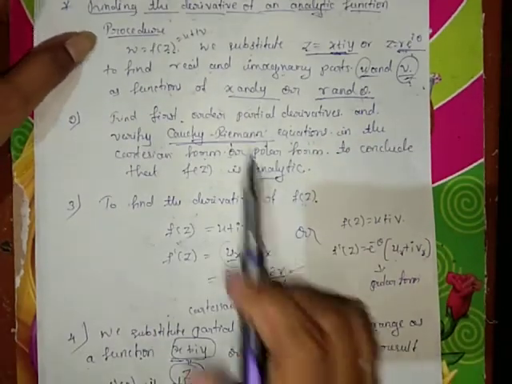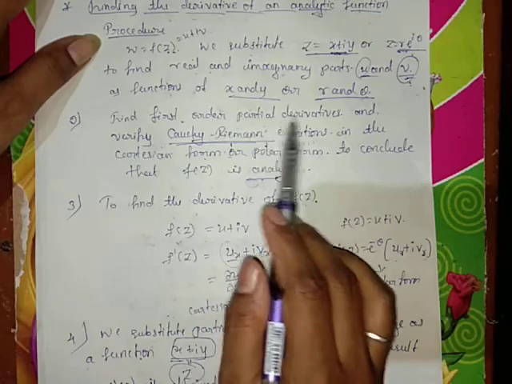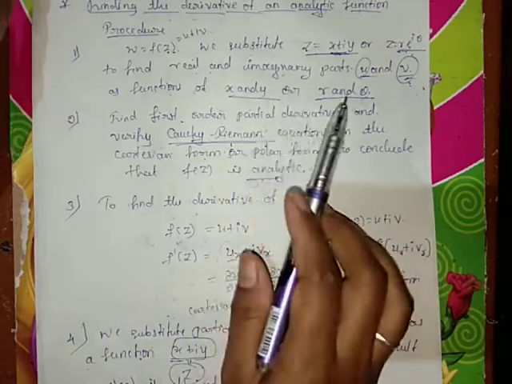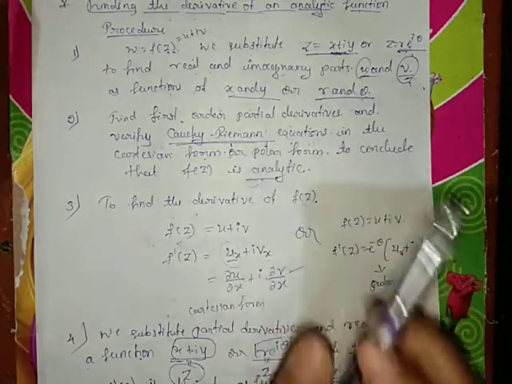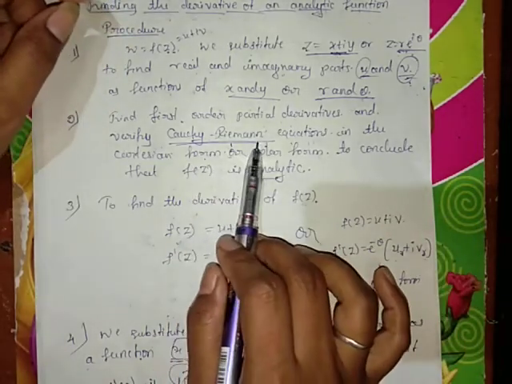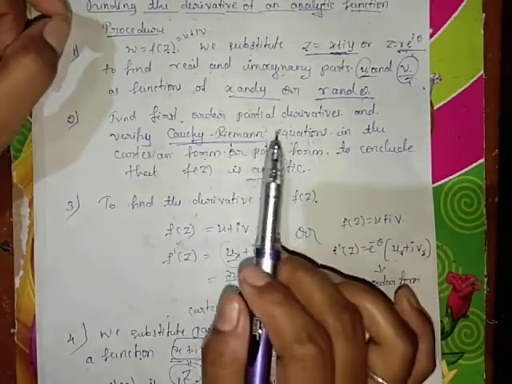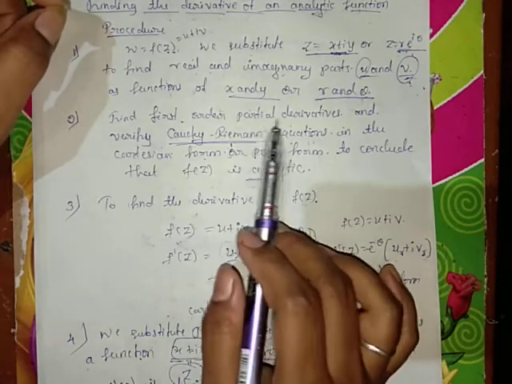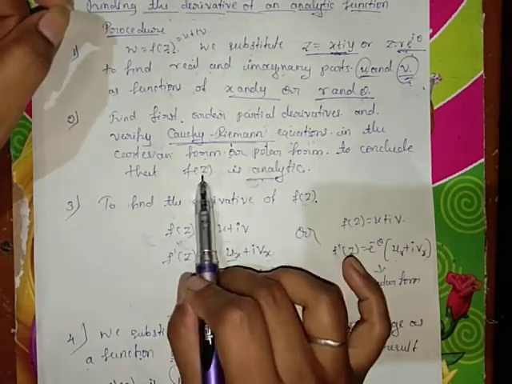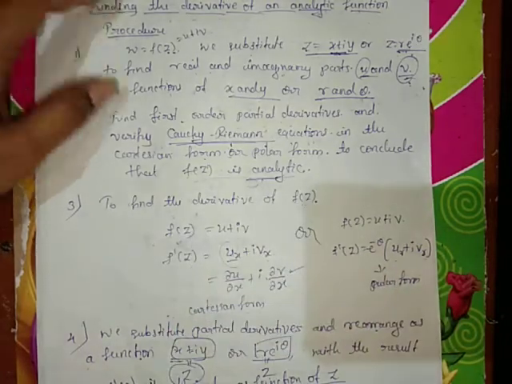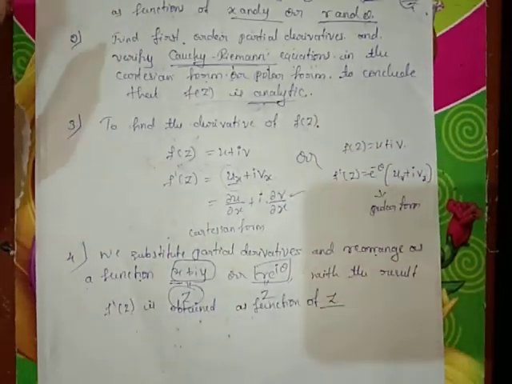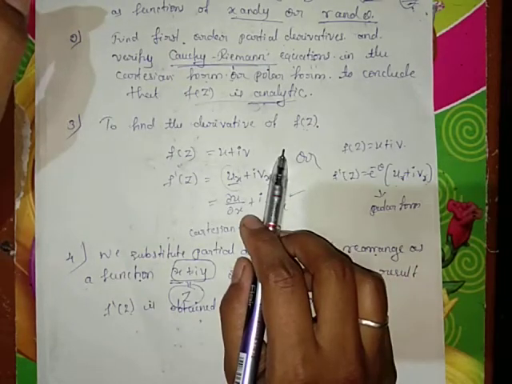After that you have to find the partial derivatives of u and v: ux, vx, uy, vy, to check the Cauchy-Riemann equations. After checking the Cauchy-Riemann equations, if they are satisfied, then we declare that the given function is analytic. After stating the function is analytic, our next procedure is to find the derivative.